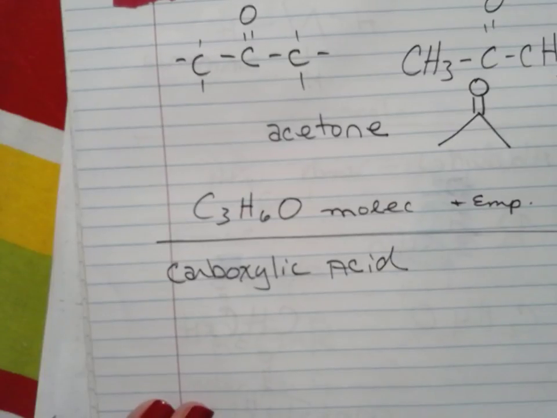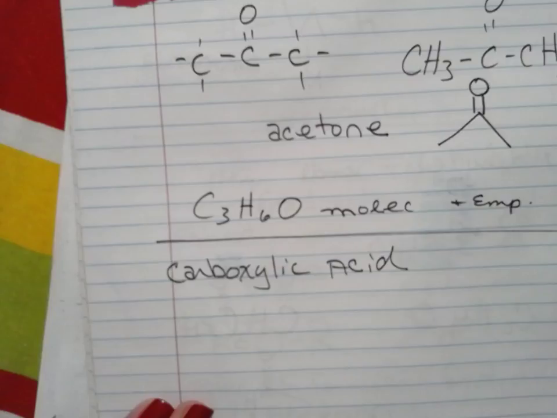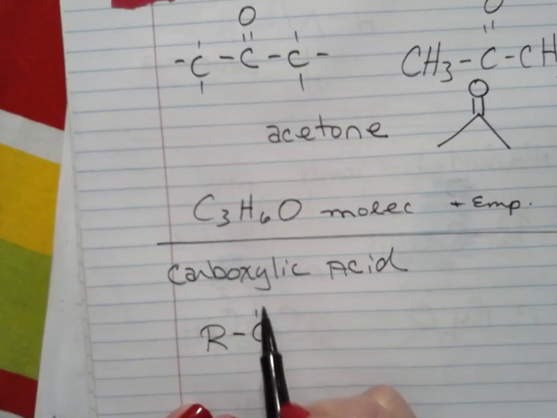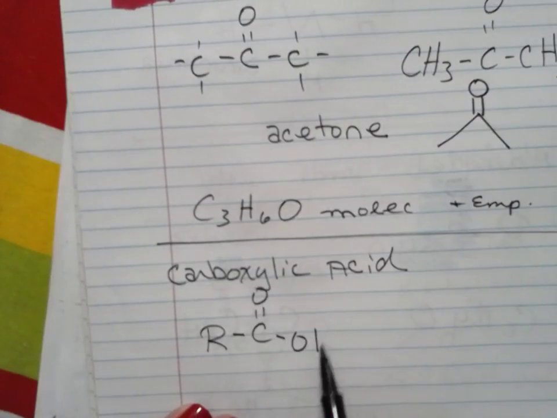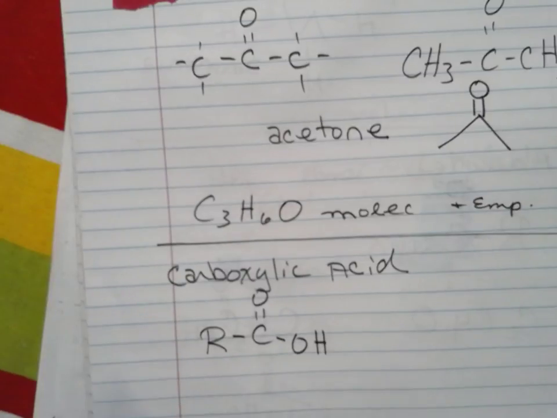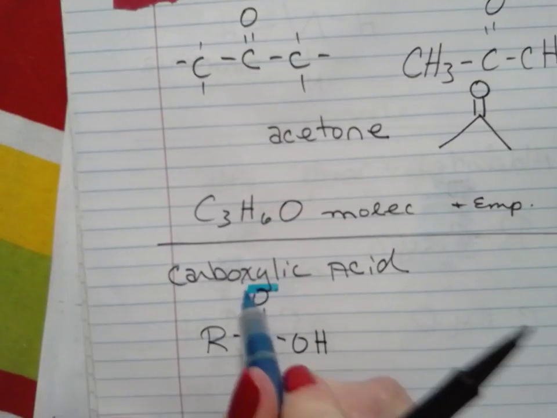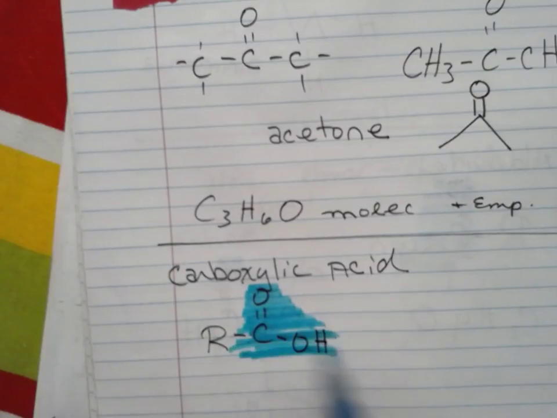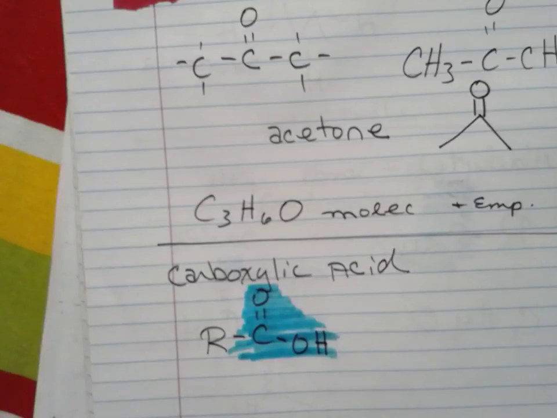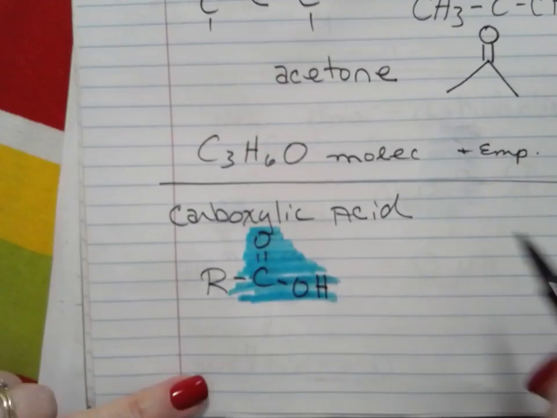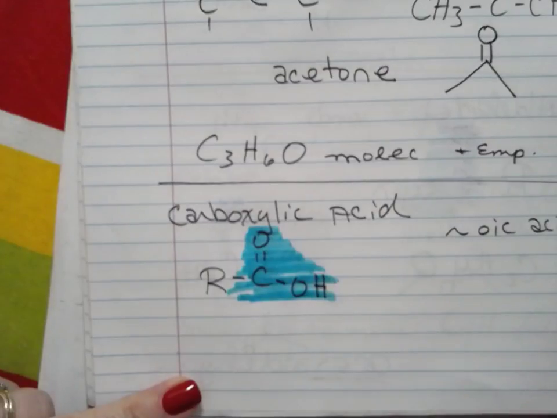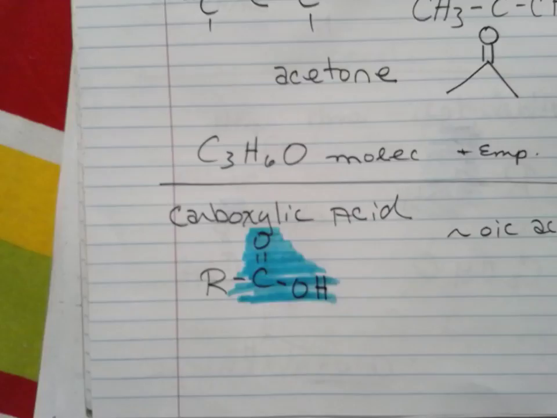We'll be doing that again in here. But the carboxylic acid is this functional group. It has the ending oic acid here.